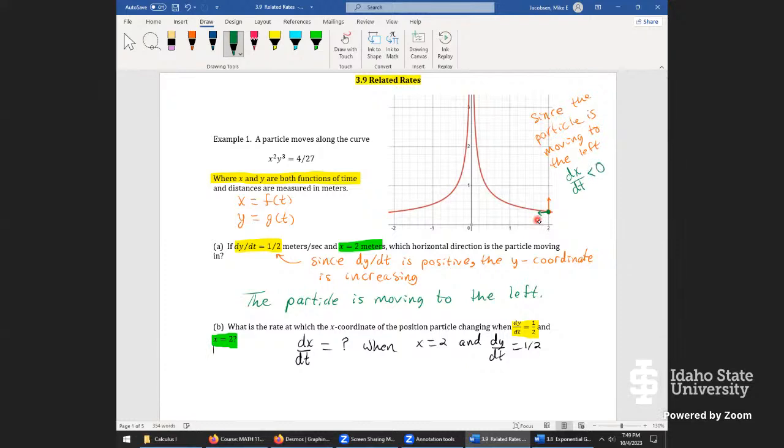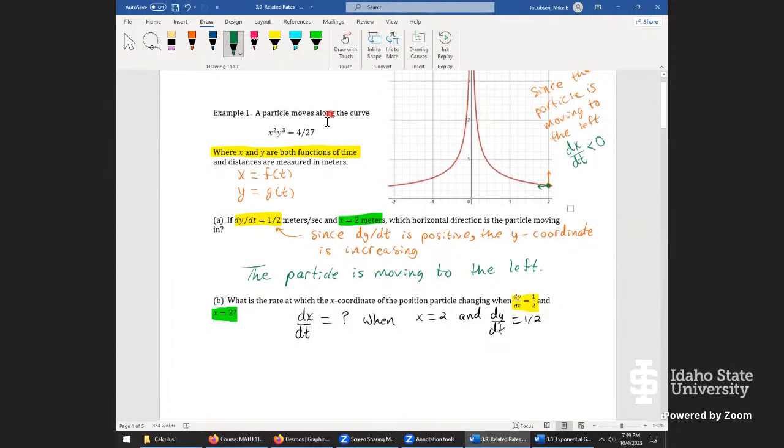We still have to calculate it, but at least we do know that's a negative value. So those are the ideas that are going to help us get through this problem. It was a lot of analysis before we even got started, but now we need to turn to this equation, which is plotted as the red curve, and start differentiating it with the goal of solving for dx dt. Any questions at all, folks, before we start it up?